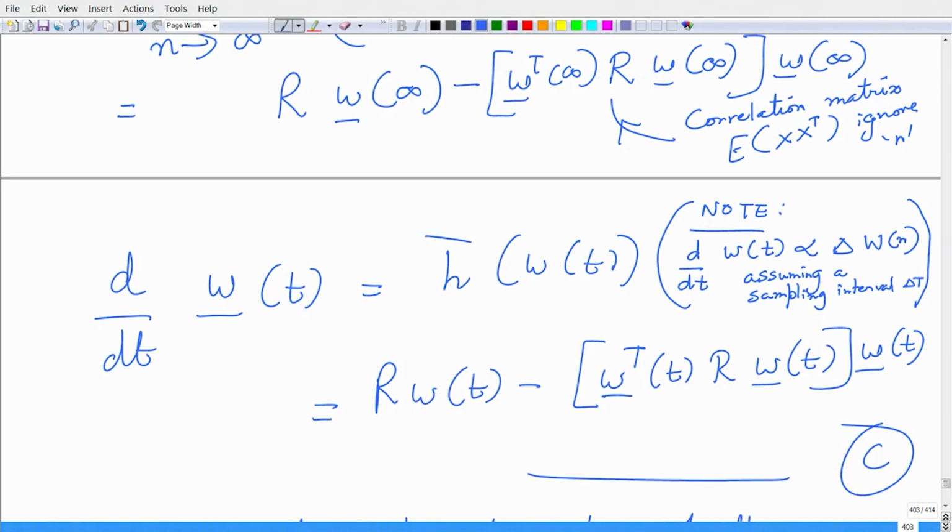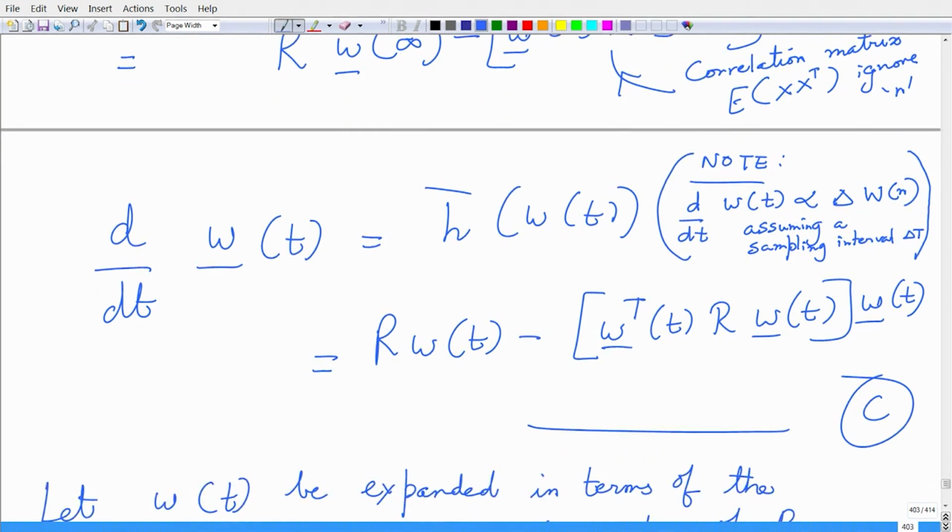So, assuming a certain sampling interval delta t, I can say that d by dt W of t is proportional to delta W of n. So, therefore, I can go from a difference equation to a differential equation, which is easier for me to analyze. So, I take d by dt of W of t is h bar of W of t.